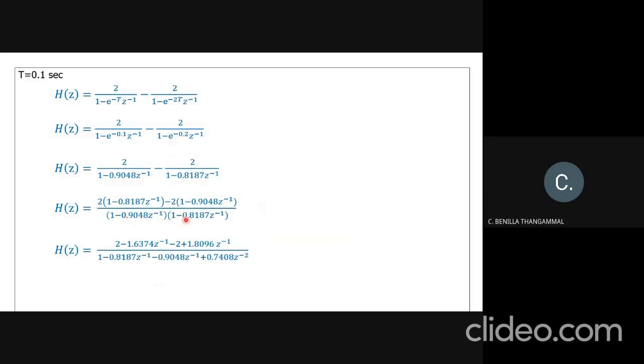I'll be multiplying the entire term: (a minus b) into (c minus d), I'll get this value, and here also multiplying this 2 and removing the bracket. Then H of z is equal to this, plus 2 minus 2 cancels. H of z will be 0.1722 z inverse divided by 1 minus 1.7235 z inverse plus 0.7408 z power minus 2. So now my H of s has been converted into H of z.